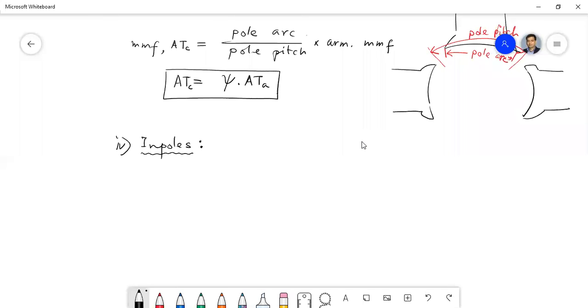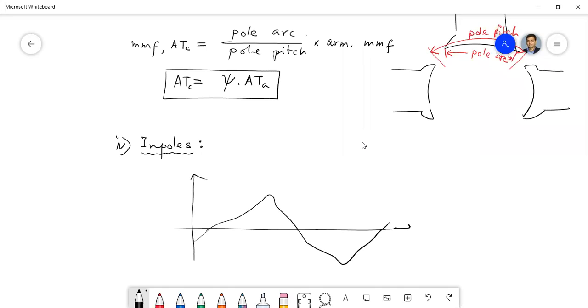Now, I think you have already seen that the armature MMF is like this. Sorry, not armature MMF, this is the armature flux, or resultant flux, air gap flux.